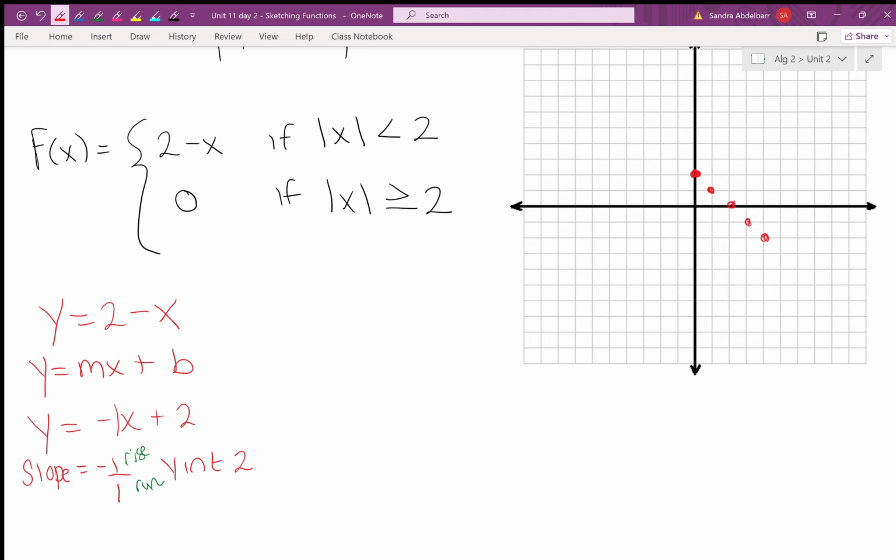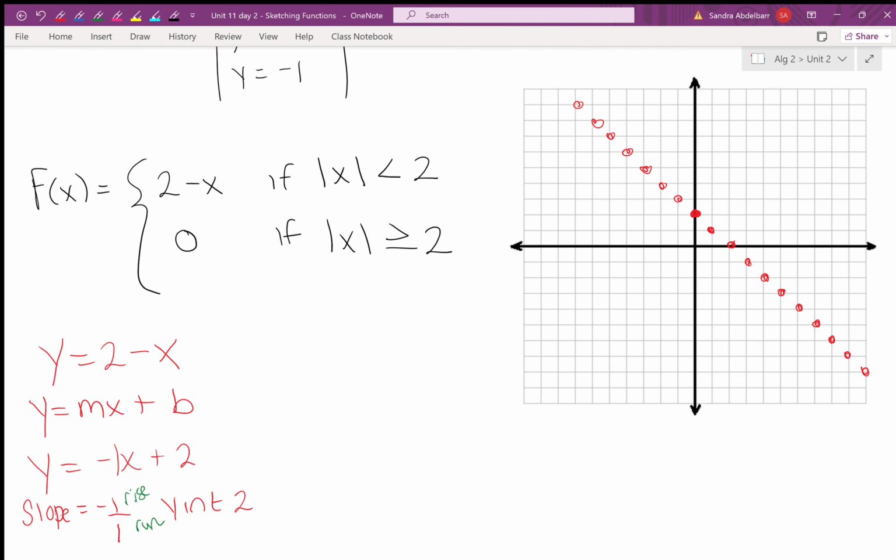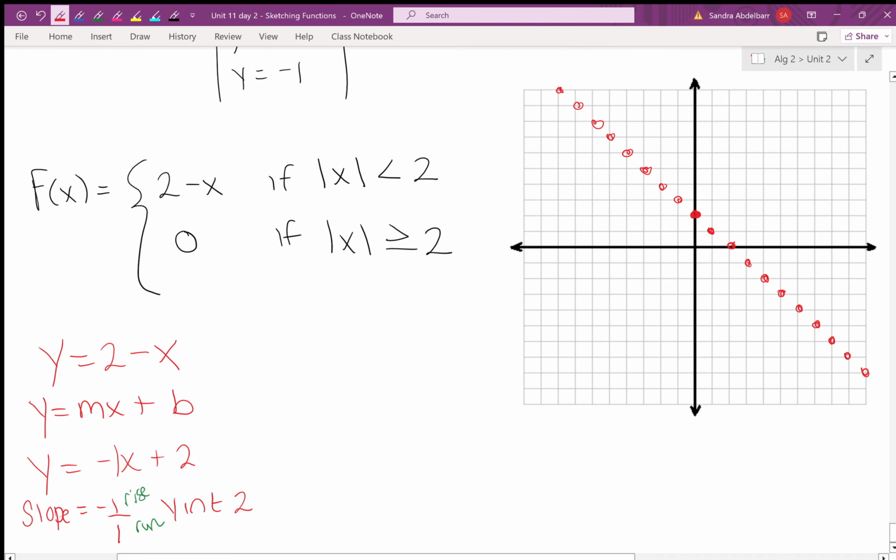I'm going to keep going here. I'm filling up my whole thing. I'm going to have to erase, but that's okay. And then we're up 1, left 1. All right, there's my line.